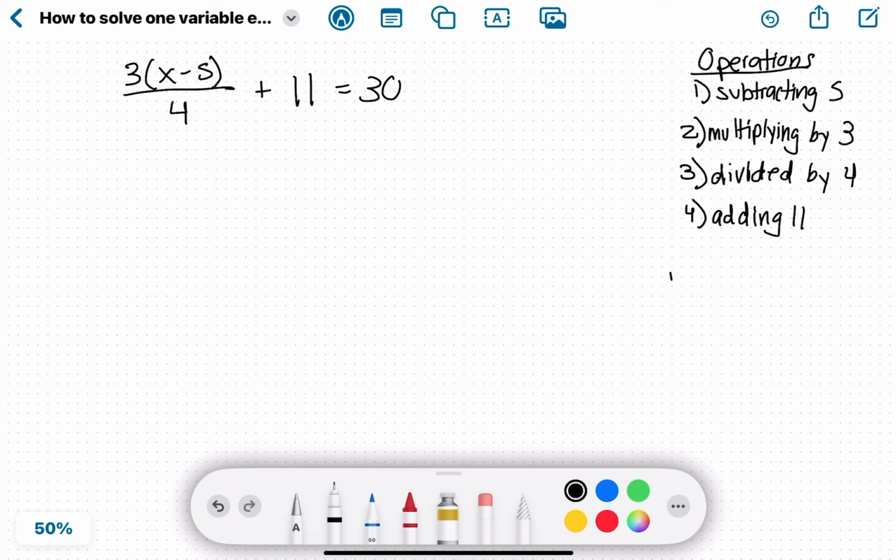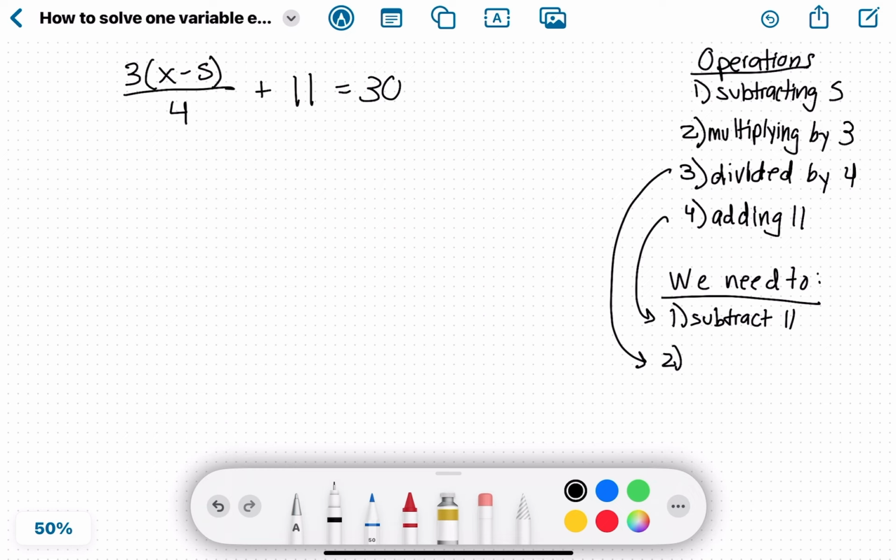So now, reversing, what do we need to do? First, we need to, opposite of add, subtract 11. After that, multiply, not divide, multiply by 4. Then divide. So first we're dividing. That's why it's the opposite, multiply.